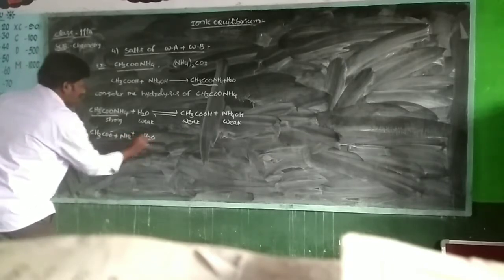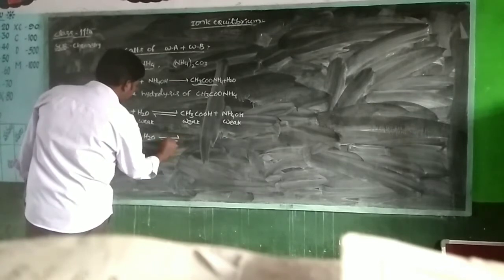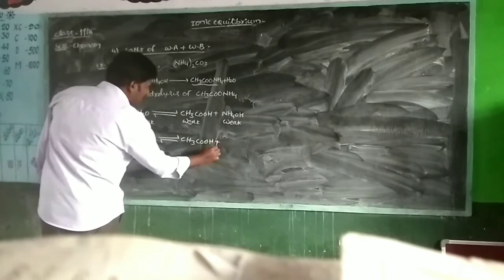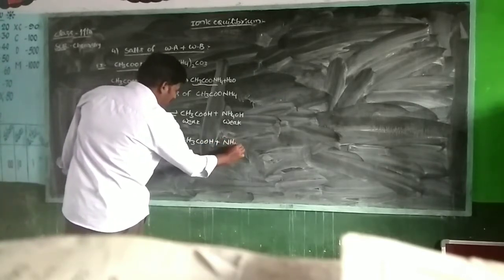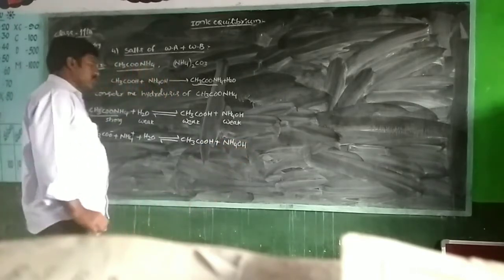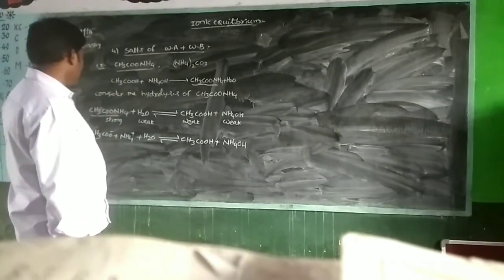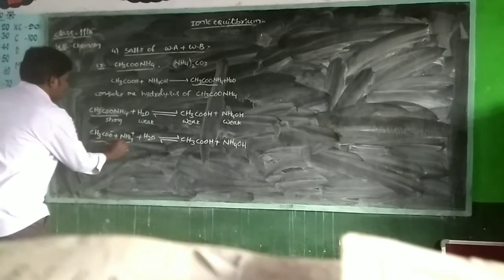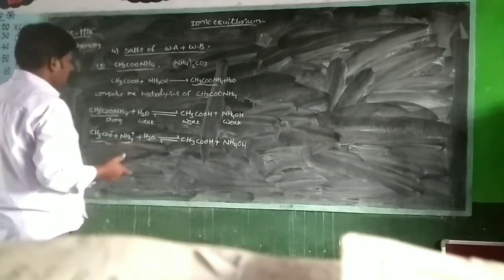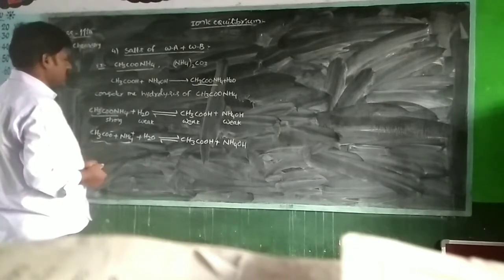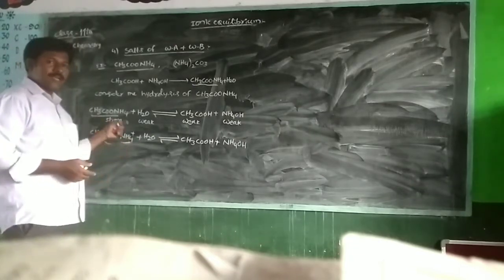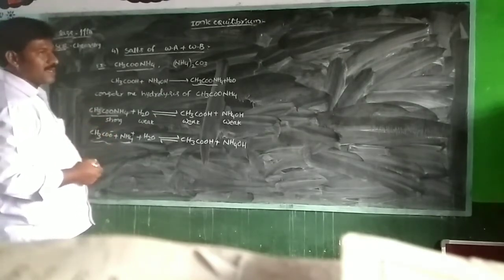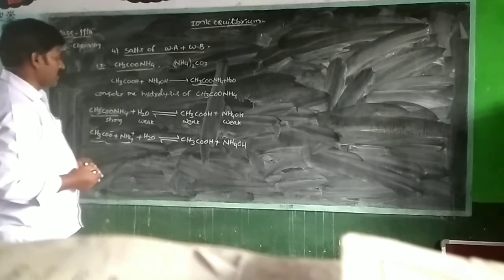It reacts with water to get CH3COOH plus NH4OH. This is the anion and this is the cation. Such salts undergo both cation and anion hydrolysis.